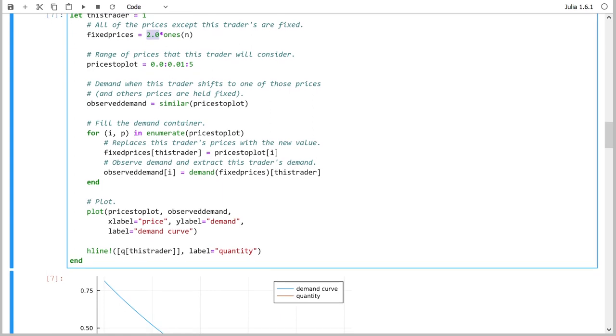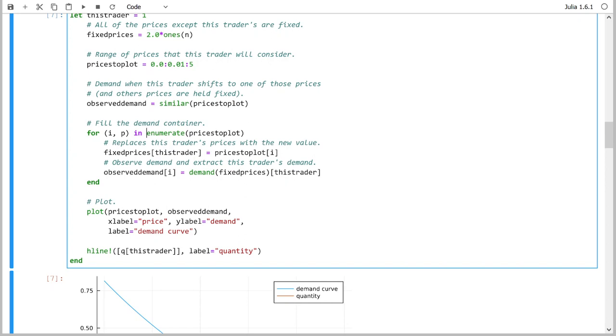So this similar function creates basically a blank. It's filled with just sort of whatever is in your memory at that time. It creates a blank vector, and we're going to fill in this observed demand vector with the demand corresponding to these prices.